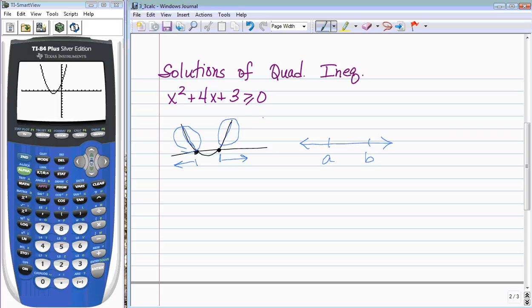Knowing the shape of the graph eliminates that testing for us, because to be greater than or equal to 0 means that the graph is above the x-axis. And so therefore we can know that this region and this region would test true.